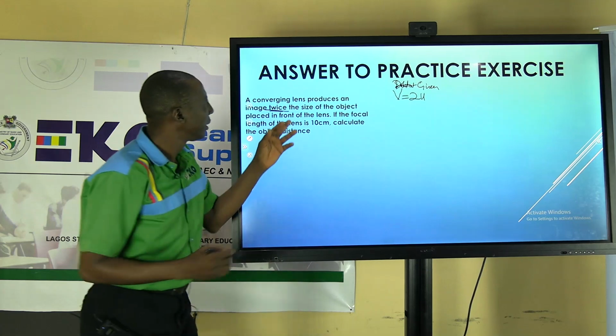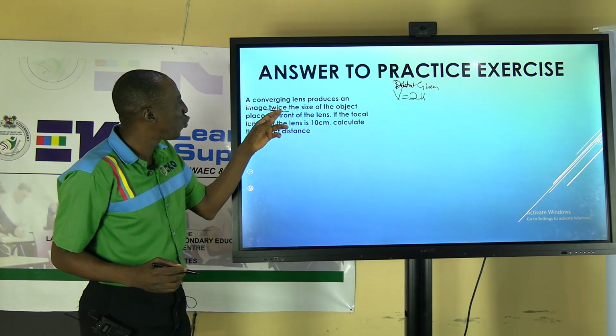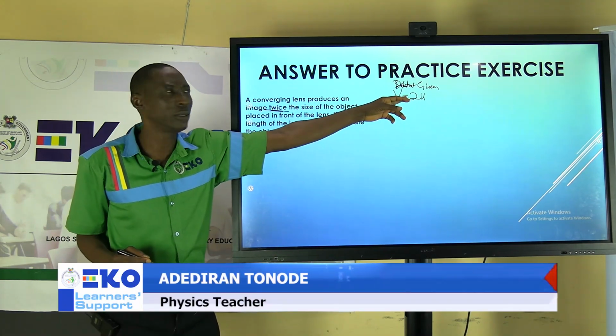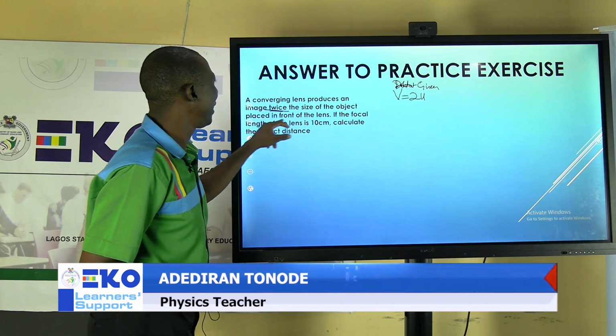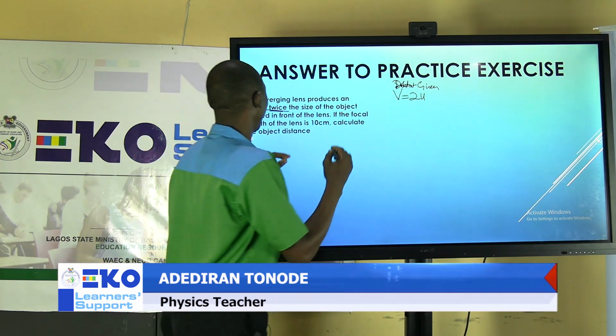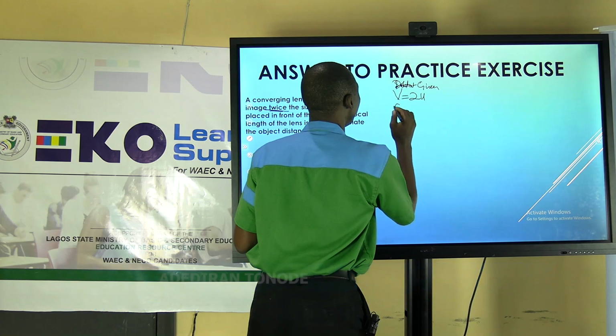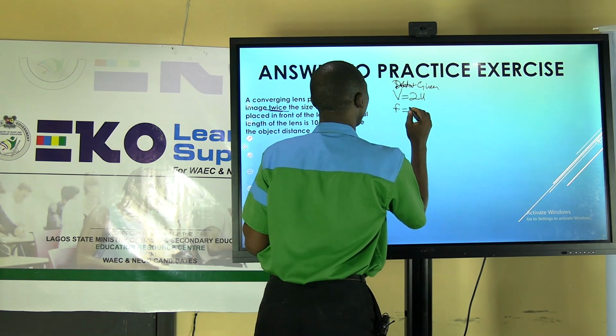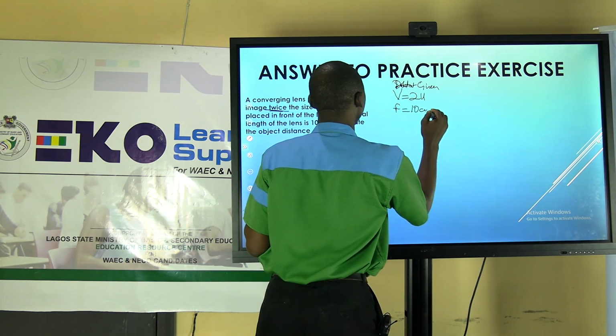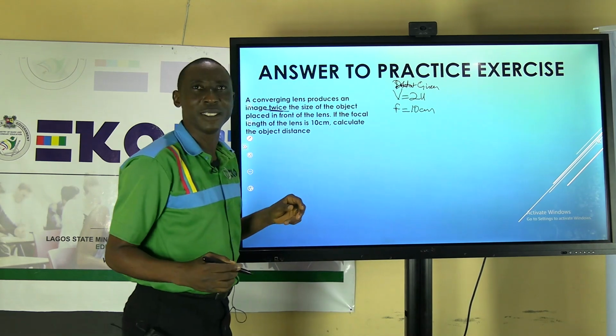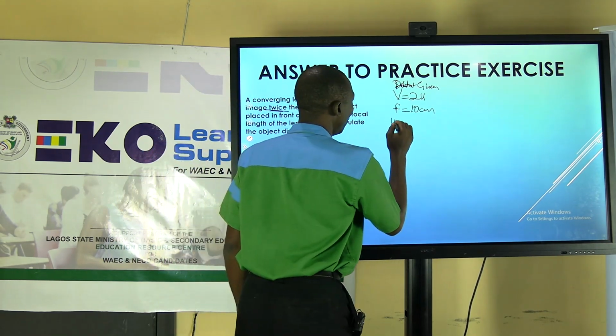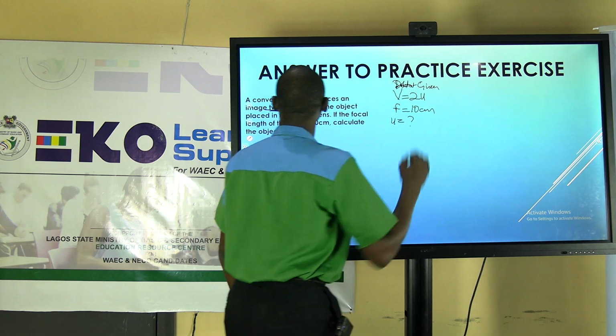Why? Because the image is twice the size of the object. We are given focal length F equals 10 centimeters. Calculate the object distance. U equals unknown.